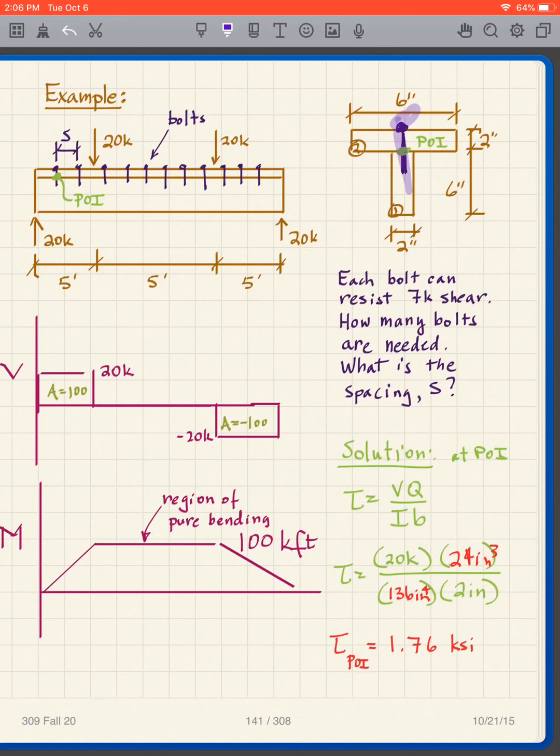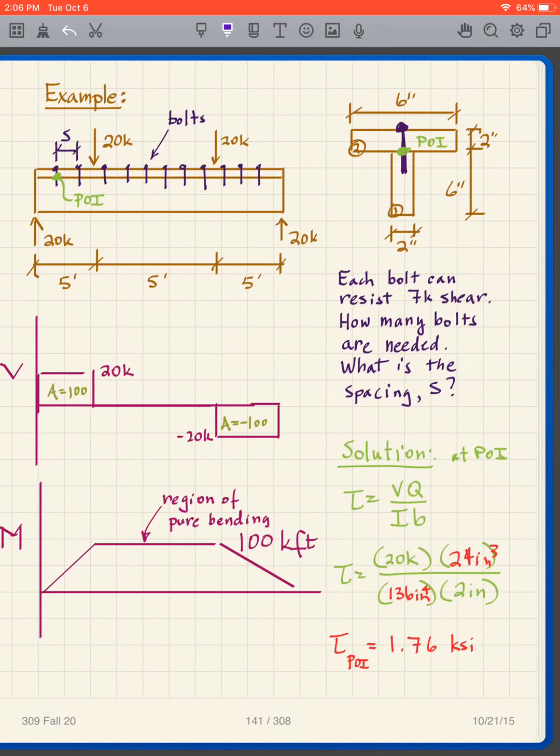My bolt goes from the top through into the web of this T-beam. And what I'm worried about is shearing of the bolt at the interface here.